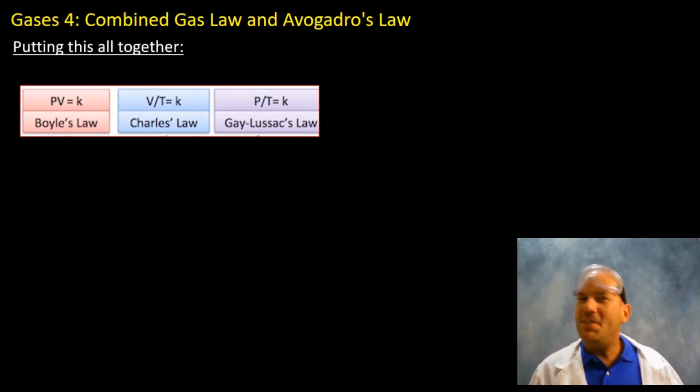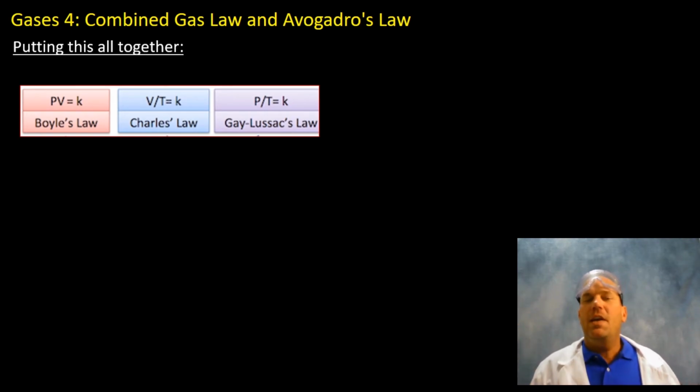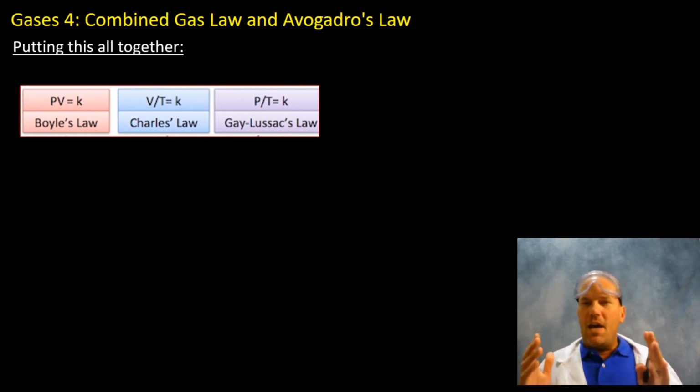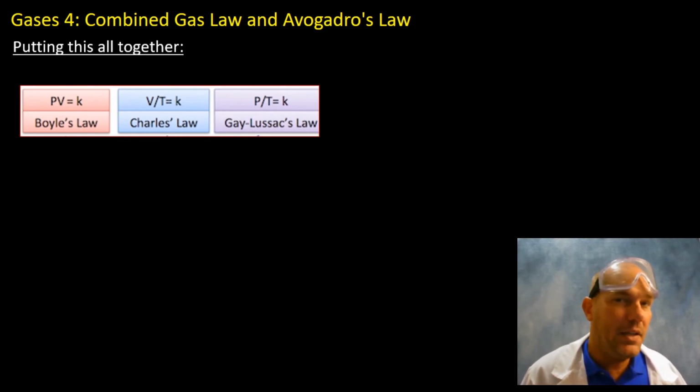Let's put this all together. So we have Boyle's, Charles's, and Gay-Lussac's law. We've looked at them conceptually, mathematically, and graphically. I've gone through the intuition for the graphical method and the fact that the slope is constant.